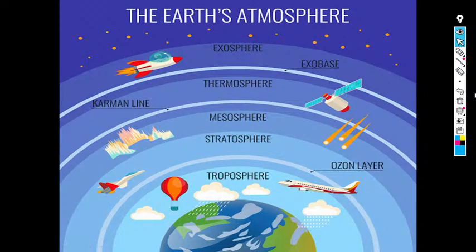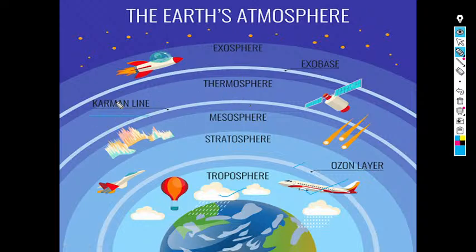See this ozone layer. This is also a very good picture. Just see, this is the troposphere where all the weather phenomena and activities happen, and jet planes are there. Ozone layer here. So this is the troposphere, then the stratosphere. This is the ozone layer. Then stratosphere, mesosphere. Then mesosphere, thermosphere.